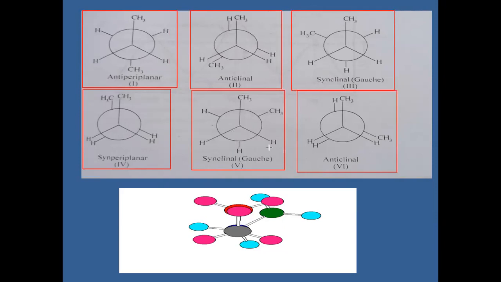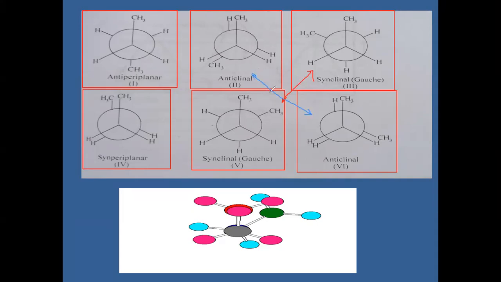Okay, so here we get the synclinal form, meaning form number 3 and form number 5, these are same. So these are same, as well as this anticlinal form is also same.